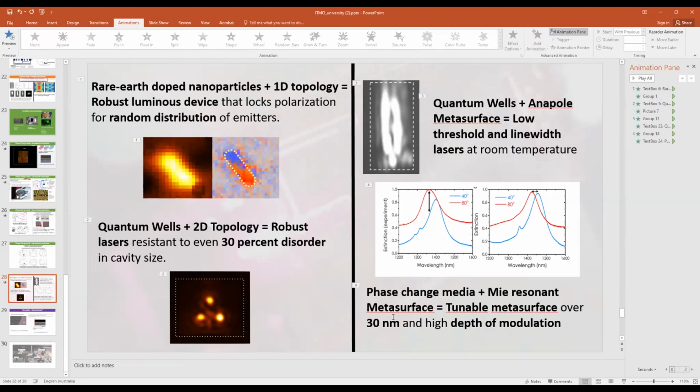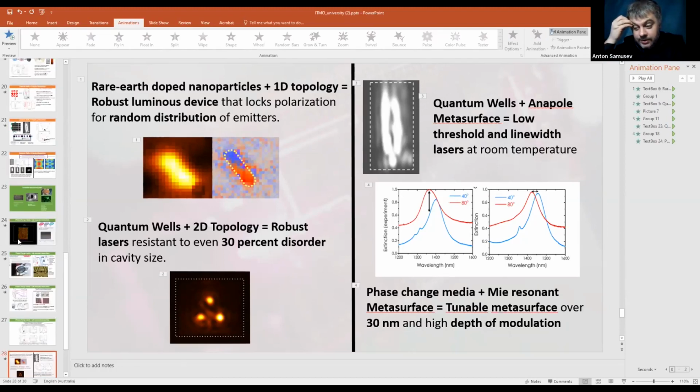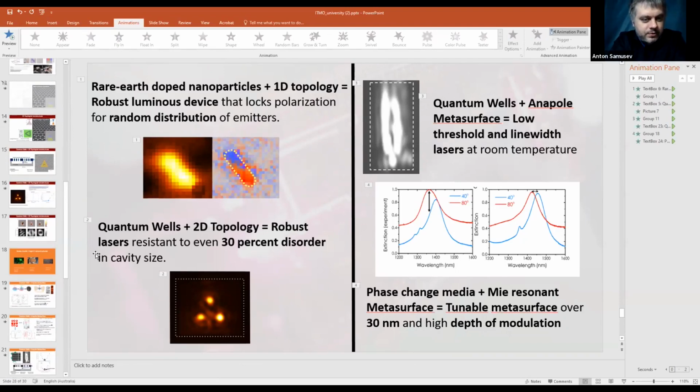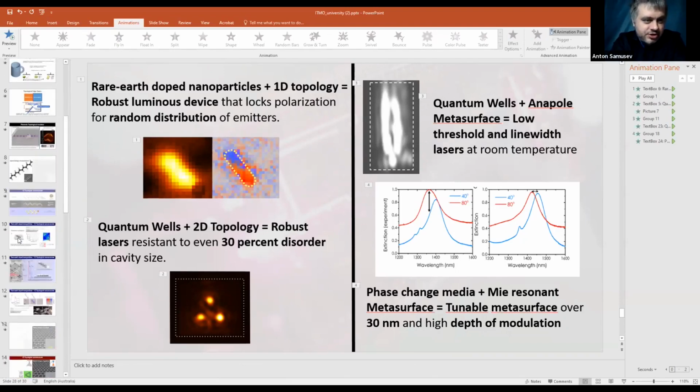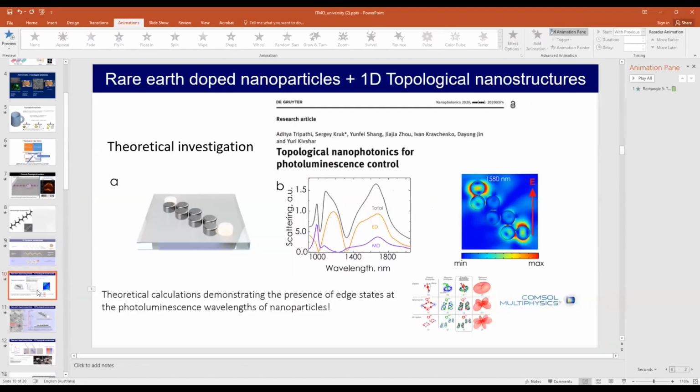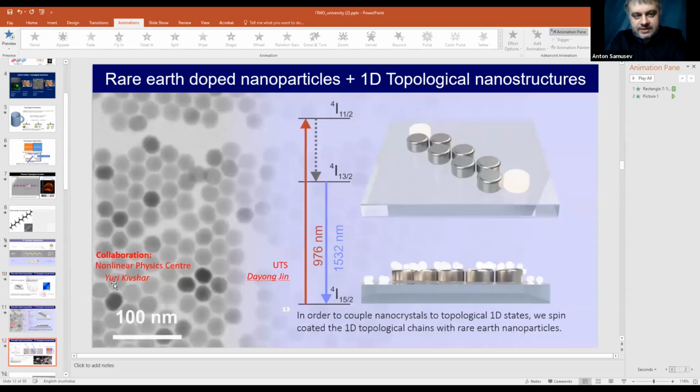Thank you. Okay. So while we are waiting for other questions from the audience, I would like to ask a couple of them. The first one is regarding the first part, when you use this topological zigzag chain. You say that one of the motivations of the system is the control of the emission polarization of your active medium.